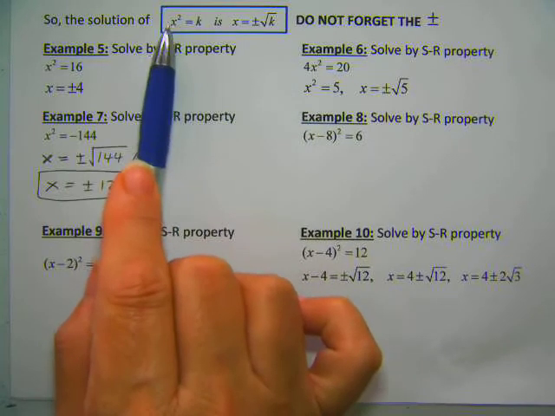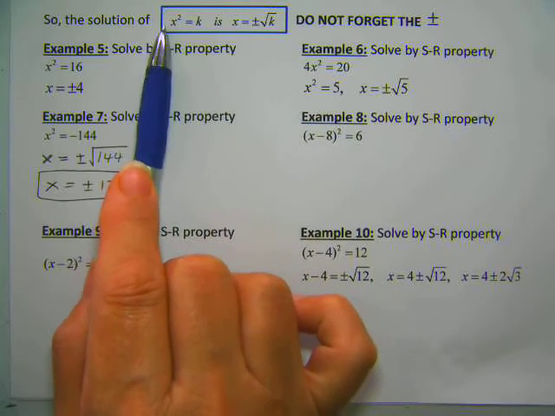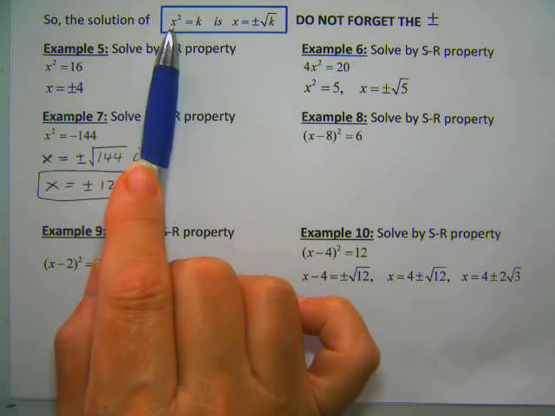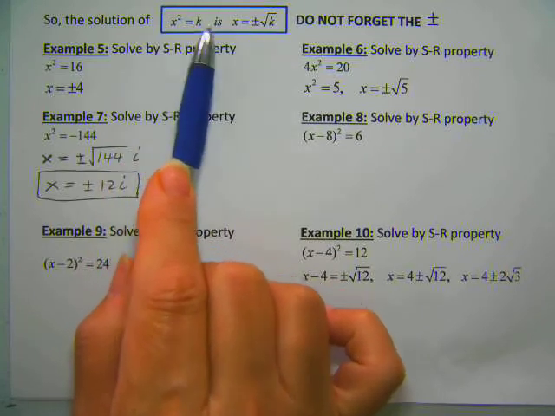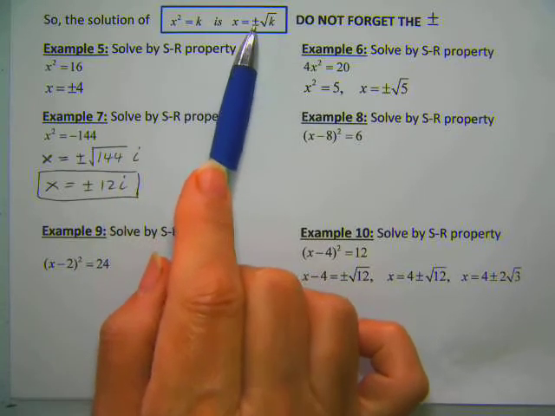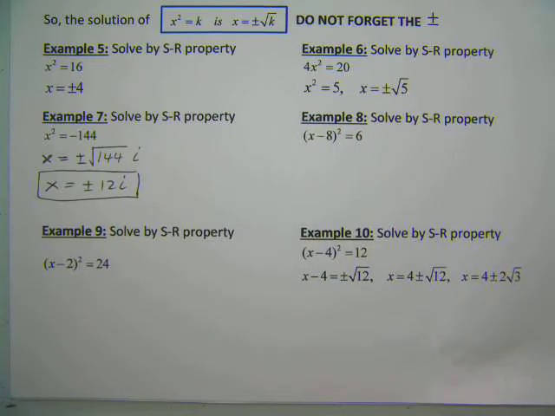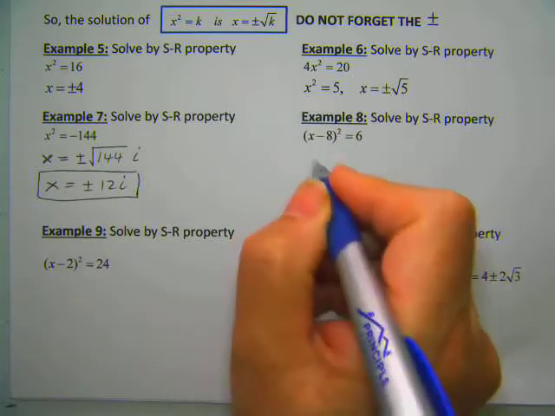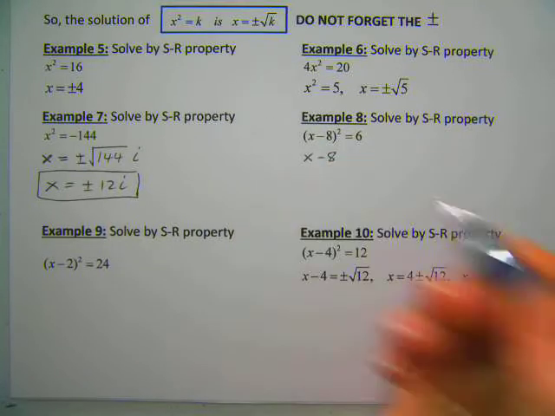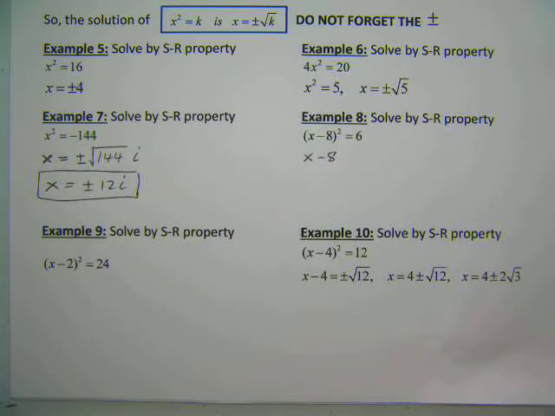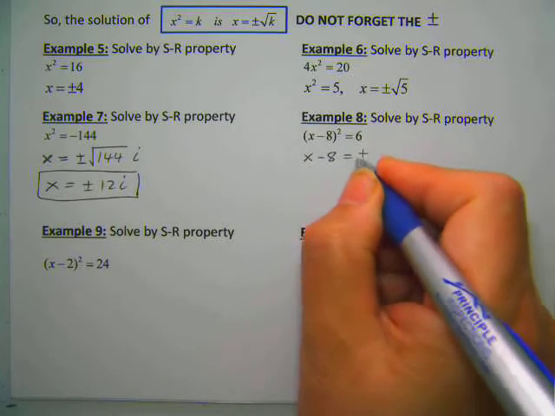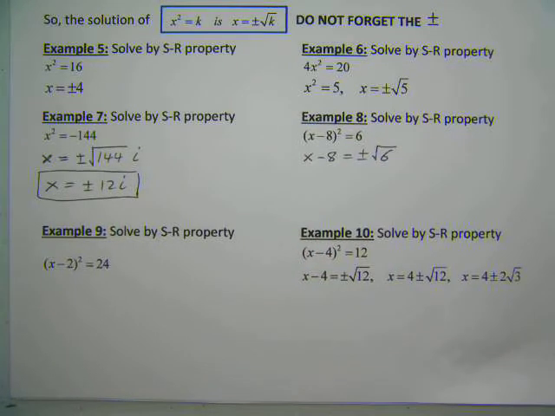But x could be anything, could be a star. So if I have a star squared equal to k, then the star is equal to plus or minus the square root of k. Now I have x minus 8 squared equals 6. So by the square root property, whatever is squared, in this case x minus 8, is equal to plus or minus the square root of 6.